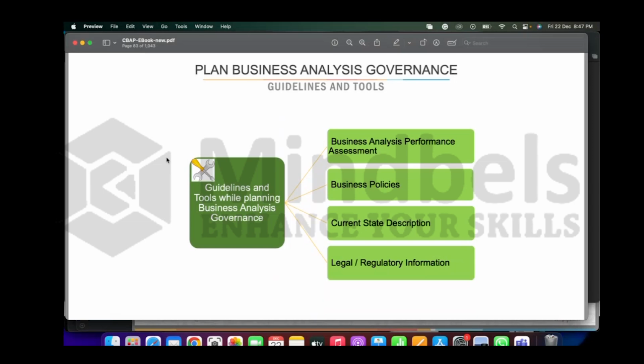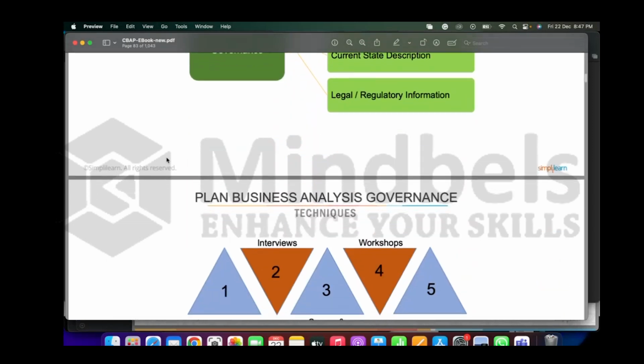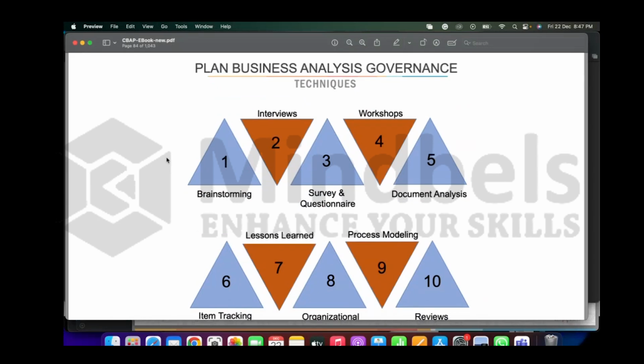So you need to study their legal information, know their regulatory information, and know how they are functioning in terms of legal: their legal structure, legal policies.